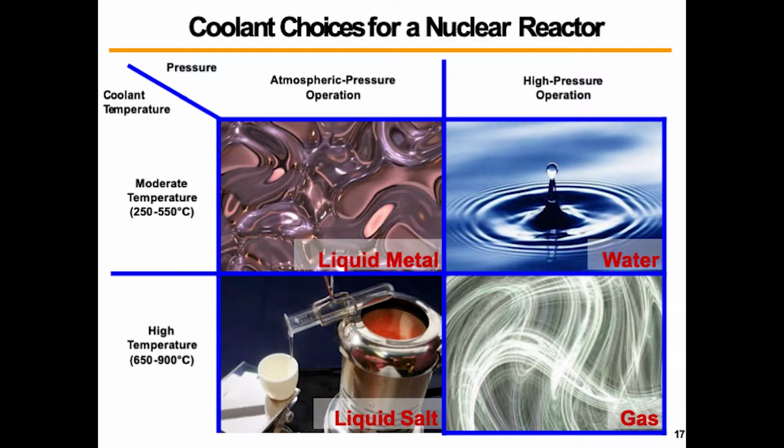That's the opposite of what we want. We want low pressure, high temperature systems. An alternative here would be liquid salts. I don't want to talk much about how we got here, because that would be a talk on its own. But let's just recognize that we are not really using the optimal coolant for our reactors.